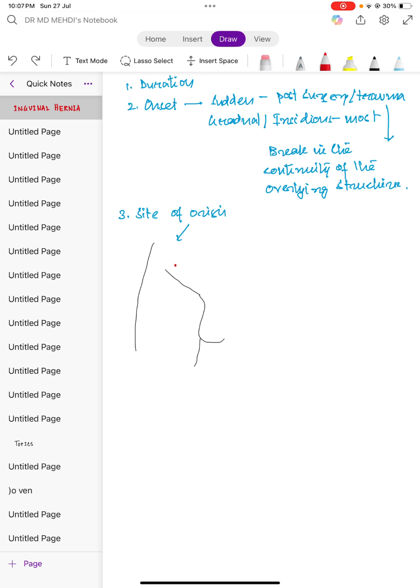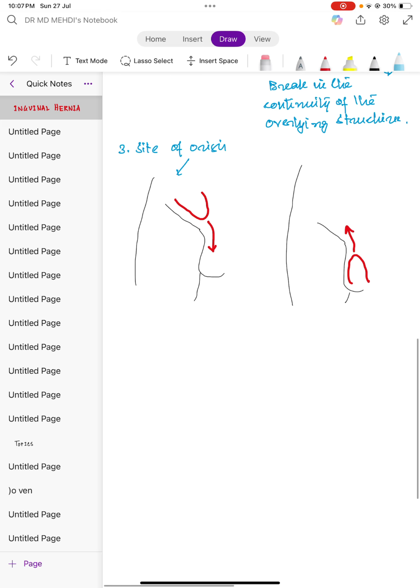If the swelling originates from the groin and moves towards the scrotum, then it is a hernia. On the other hand, if it originates from the scrotum and moves towards the groin, then it is a hydrocele or a varicocele. So this is a hernia, whereas this can be a hydrocele or varicocele.